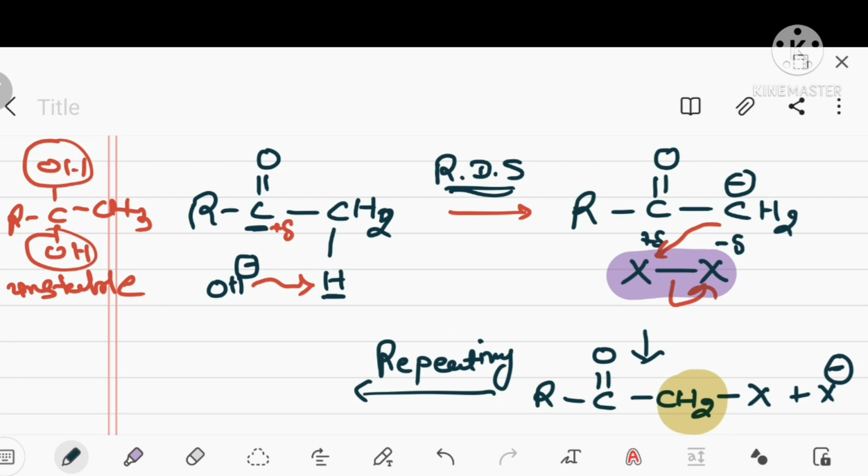Two times, and these two H will be removed and it is forming a new compound like that, R C double bond O C X 3. I think all of you got this point.